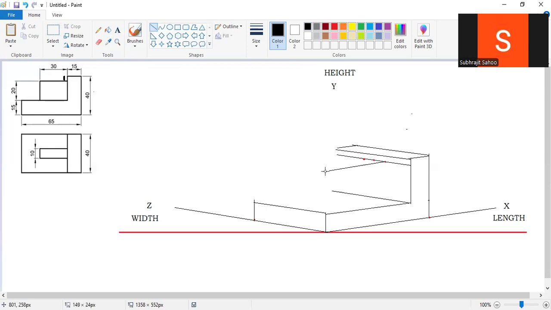How much distance? Observe. The distance is given in the figure also. What is the distance, sir? The distance given is 30 or not here? 30. So here to here 30. Then join here to here, also 30.